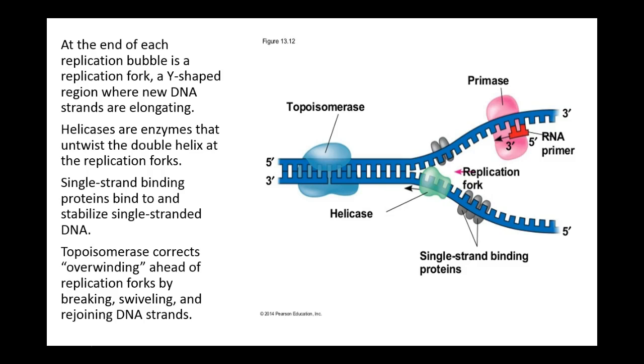The topoisomerase's job is to relieve the twisting, so make it straighter, and then the helicase comes in and unwinds the nucleotide bases. What the single-strand binding proteins do is stabilize it, and they do that in a couple of ways.